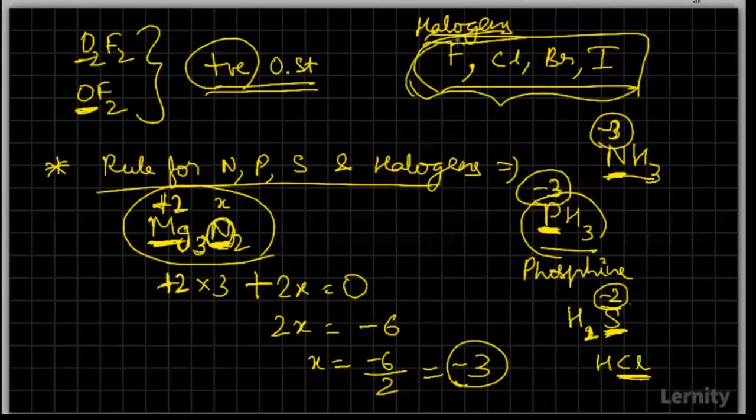All these elements which are known as halogens are found to be more electronegative when compared to hydrogen. So make sure whenever they are combining with hydrogen, you are assigning a negative oxidation number to these elements. So definitely my chlorine will have -1 and hydrogen will be having +1.